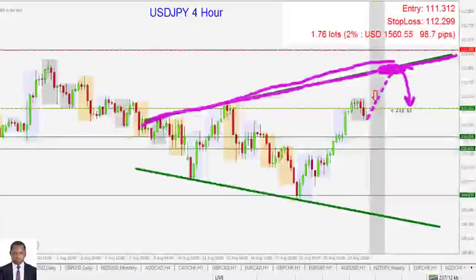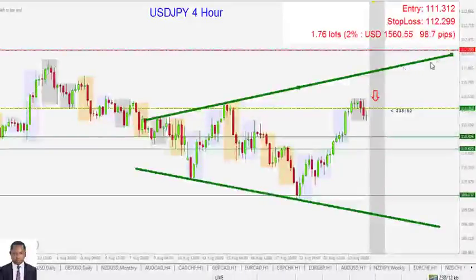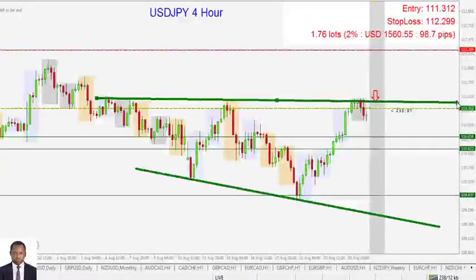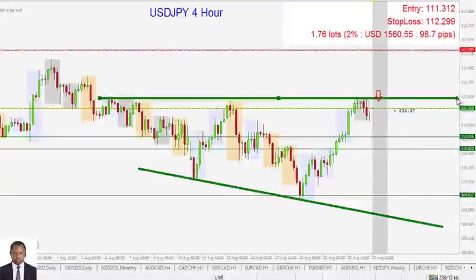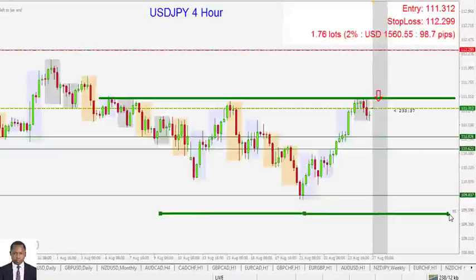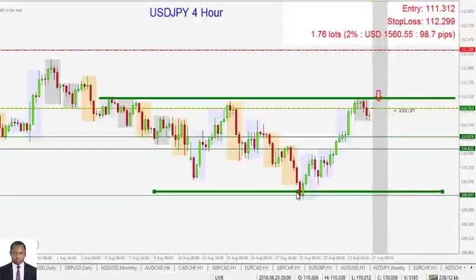Okay, but for now, this is what I am keeping in the chart. And actually, it does look like the triangle formation is the main pattern here for this pair.